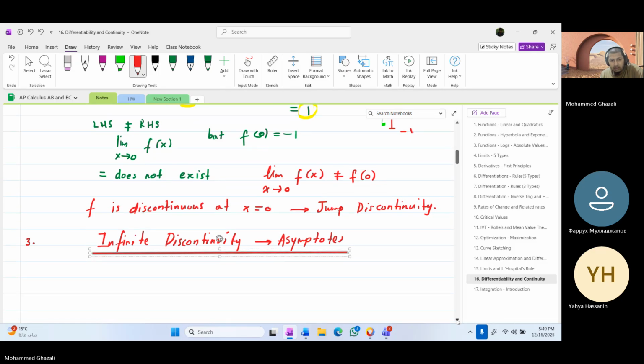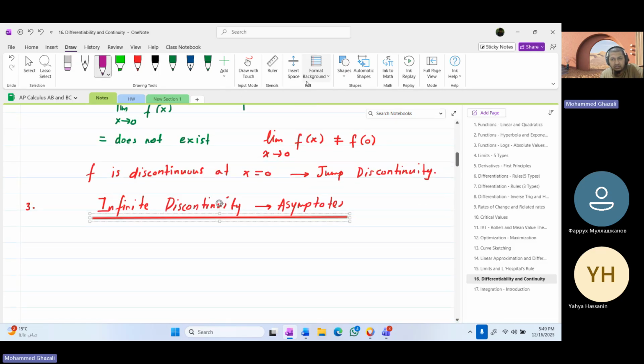Now, remember we did some rational functions. So I'm just going to sketch that basic rational function y equals 1 over x, and I'm going to check the discontinuity at 0.